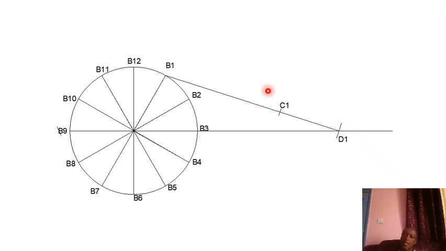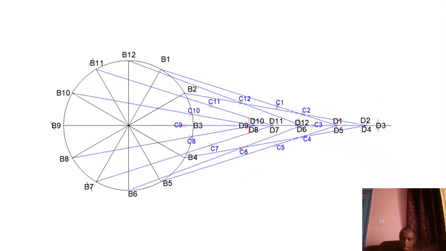Then we go to the next one and we stretch our pair of compass again to 100, place it at B and strike along this line. You get your B2 and then connect B2 and D2 with a line, and then also measure C. So you will do that for every other one.